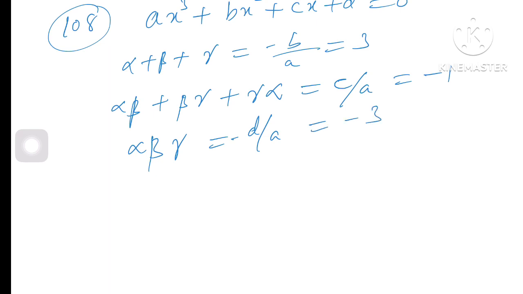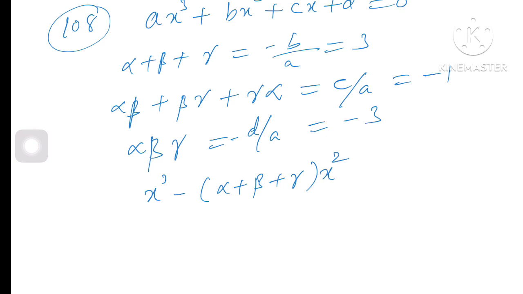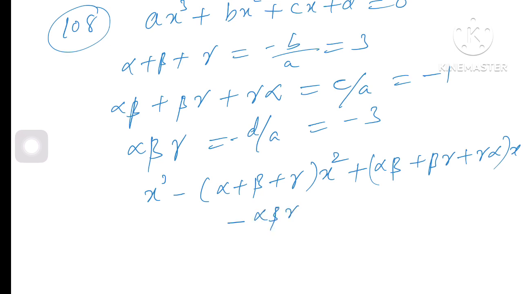So basically, generally it is x cube minus (alpha plus beta plus gamma) x square plus (alpha beta plus beta gamma plus gamma alpha) into x minus alpha beta gamma equal to 0.